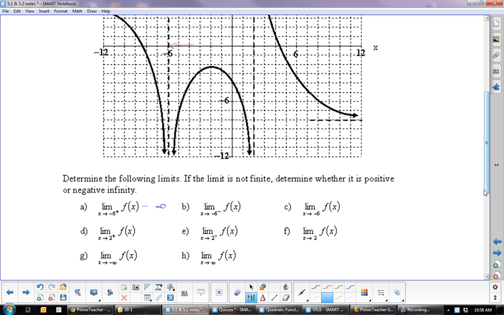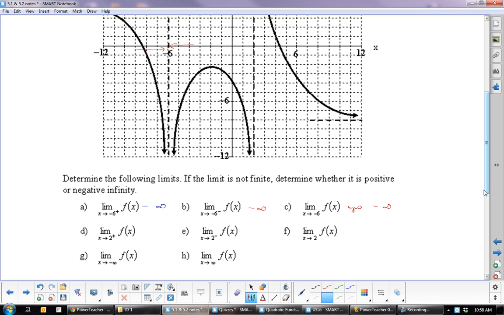How about as x is approaching -6 from the left? Negative infinity. So, is there a limit at negative 6? Yes, and it is negative infinity. Remember all the way back to limits, if it exists from the left side and the right side, and it's the same limit, then the limit does exist at negative 6.